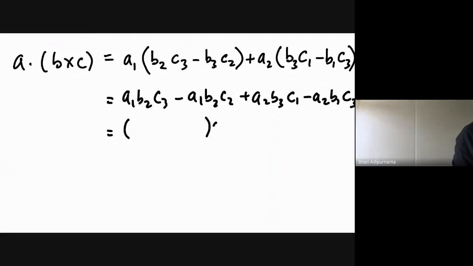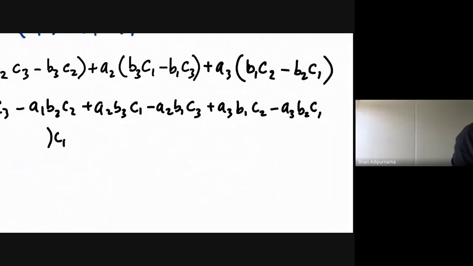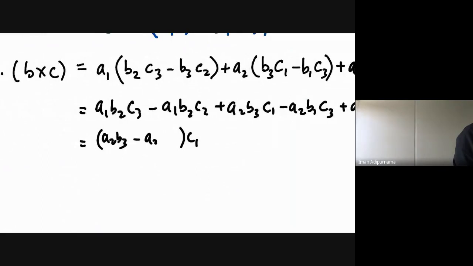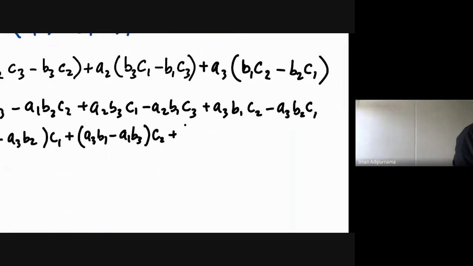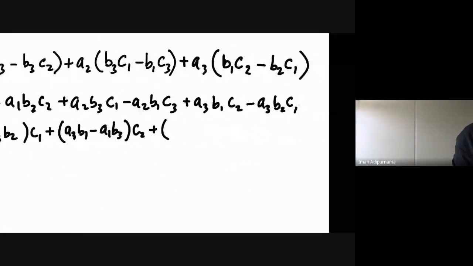So change the group to C1, C2, C3. So C1 is A2, B3 minus A3, B2. And then plus C2, C2 positive is A3, B1 minus A1, B3, and C3, A1, B2.